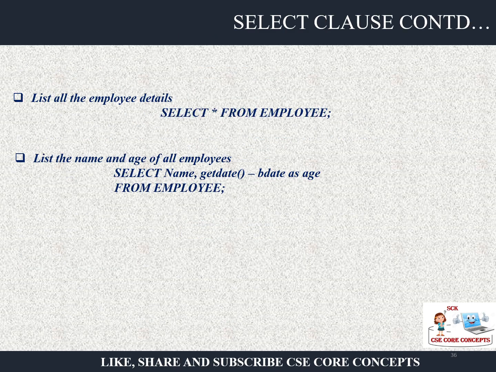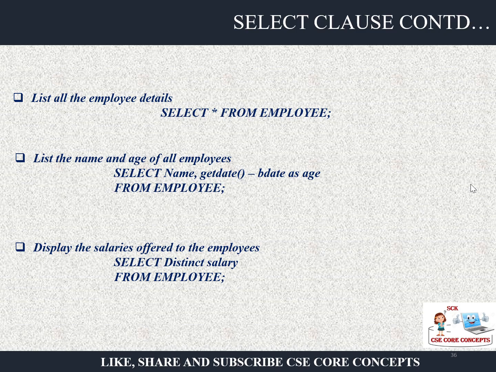So in that case, you can even perform some operations in the select clause, that is select name, getdate. GetDate is a function by which you can fetch the system date, minus the birth date as age. As age represents that you are labeling the value which you will get as age, from employee.